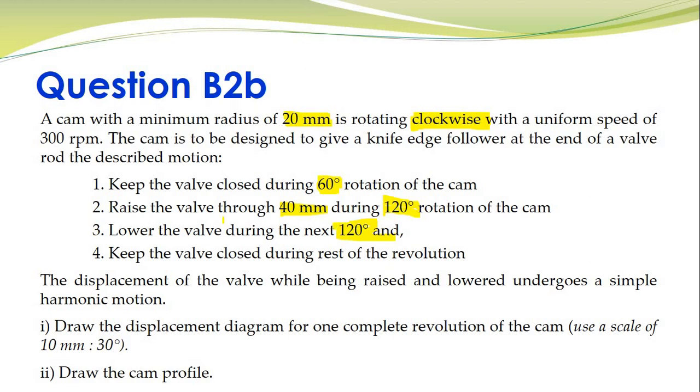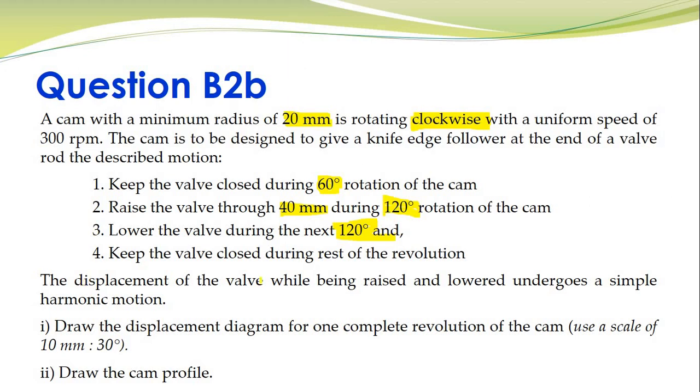So when we look at this, I can say that in the first 60 degrees rotation, the valve is closed. In the next 120 degrees rotation, the valve is open. For the next, it is being closed, and then in step 4, it remains closed.